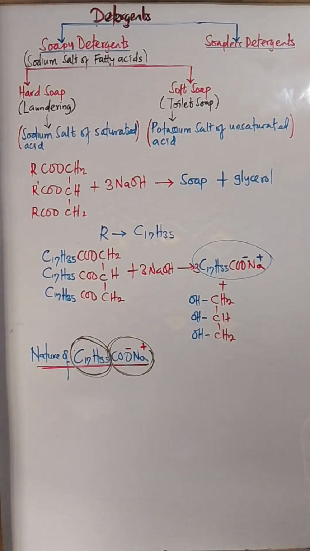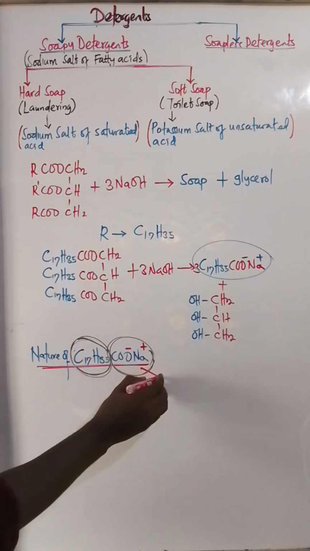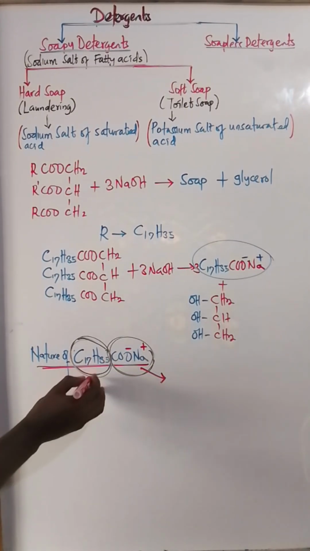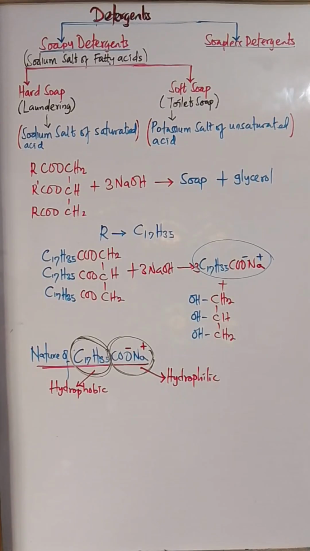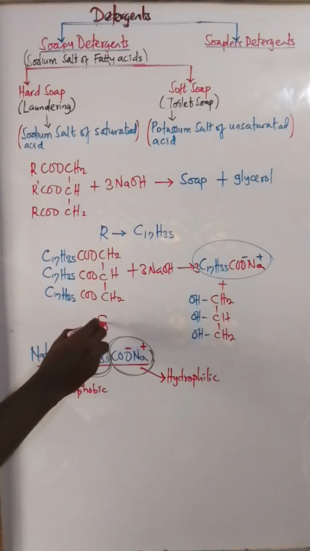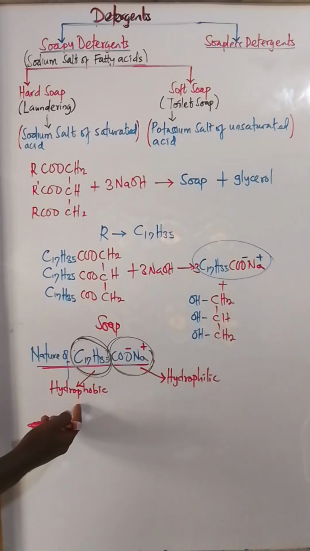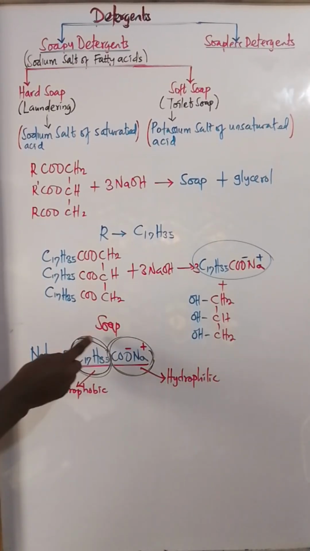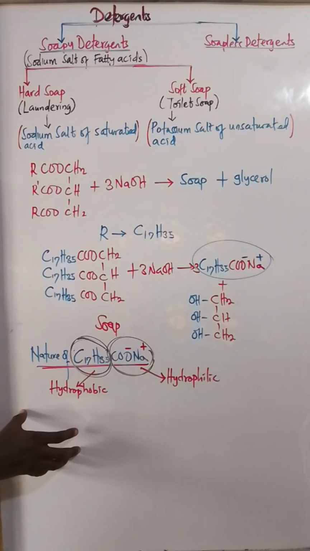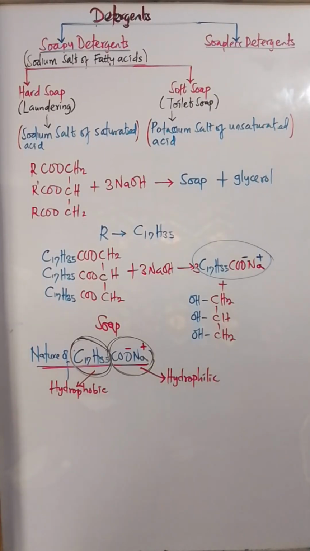So this ionic head is hydrophilic. Why do we call this one the tail? It is hydrophobic. So soap in general has a dual nature. When you say hydrophobic, from the word phobic, it is something that doesn't relate with water, something that doesn't dissolve in water. So this part is not soluble in water, but it's soluble in organic solvents like oil and the likes.